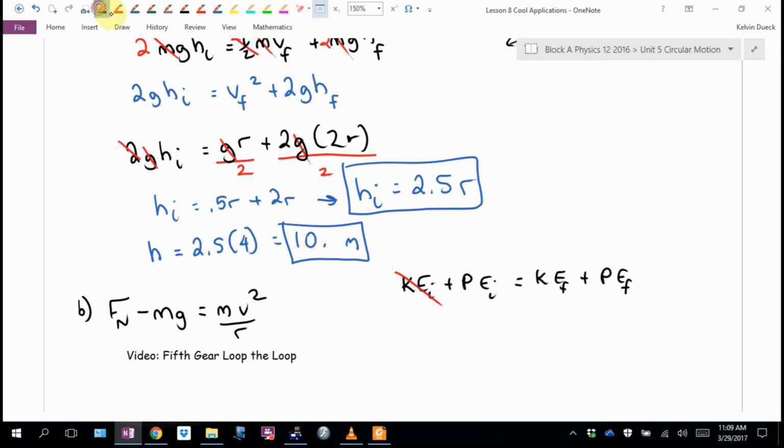Potential energy is going to be mgh initial, and I now know h is 10, but I'll stick that in later. Equals a half mv squared plus, oh, wait a minute. What's my final potential energy if I'm on the ground? Let's try that again.